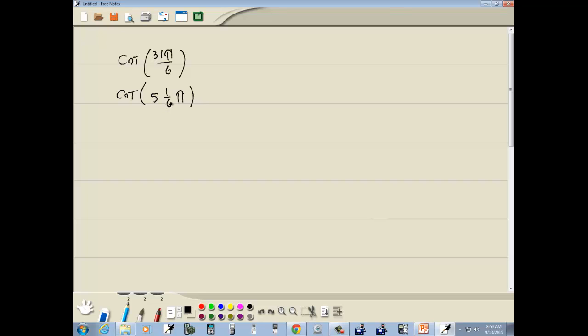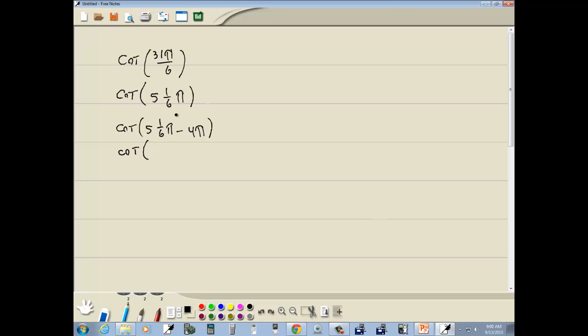That's why we get this. Now, that's beyond our unit circle, because our unit circle goes up to 2 pi. So I can subtract multiples of 2 pi. I can subtract 2 pi, 4 pi, so forth. Okay, so if we got 5 and 1/6 pi, and if I subtract 6 pi, that's too much. So I'll subtract off 4 pi.